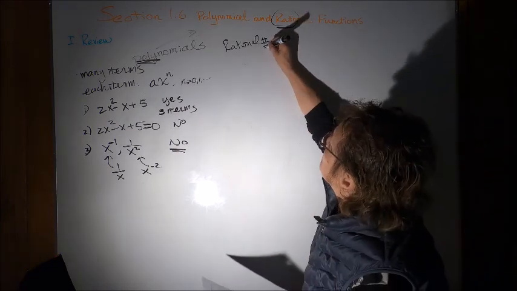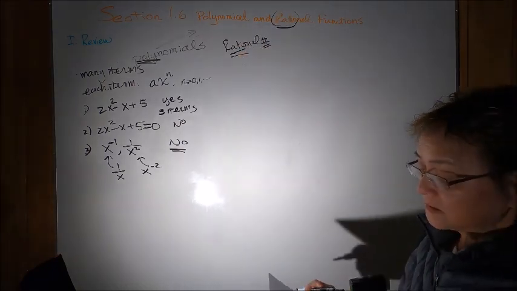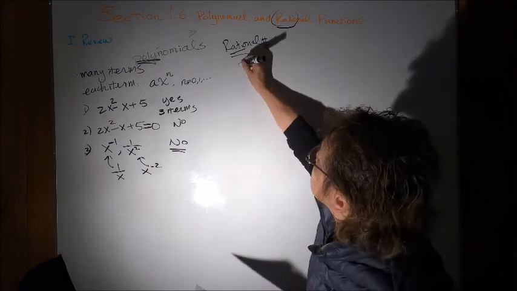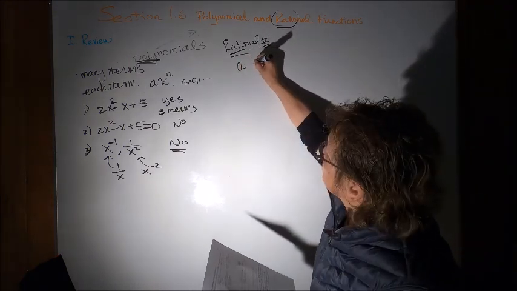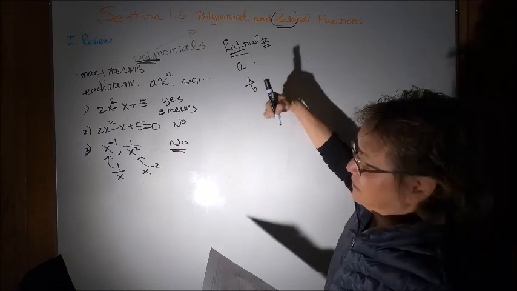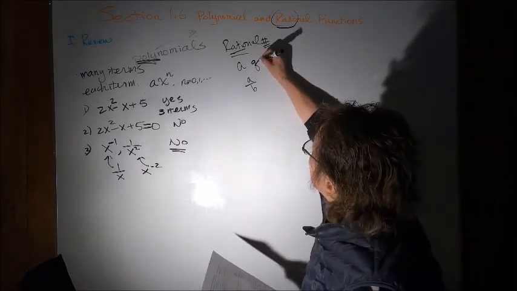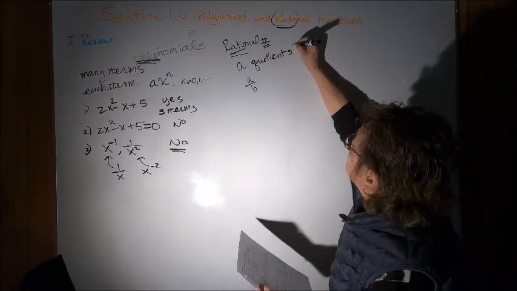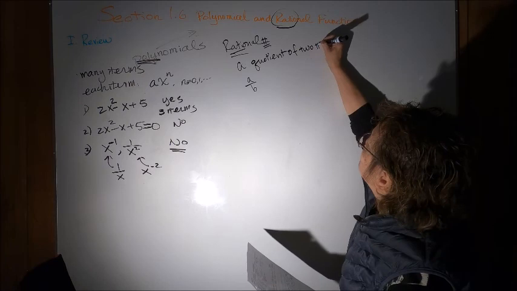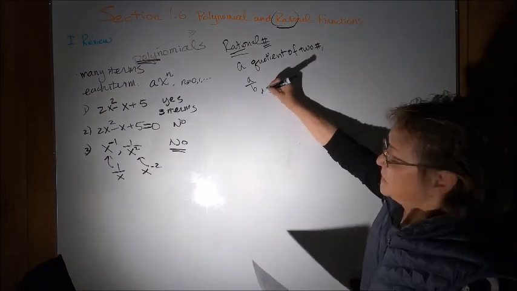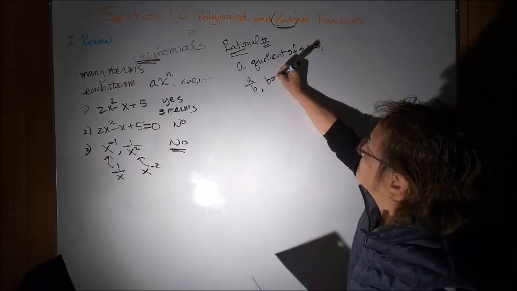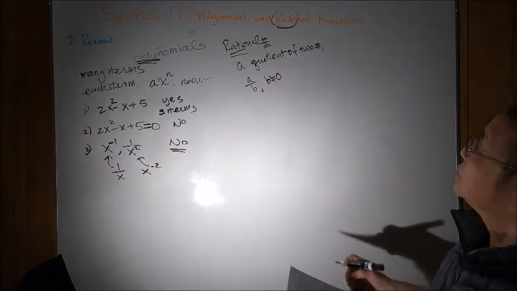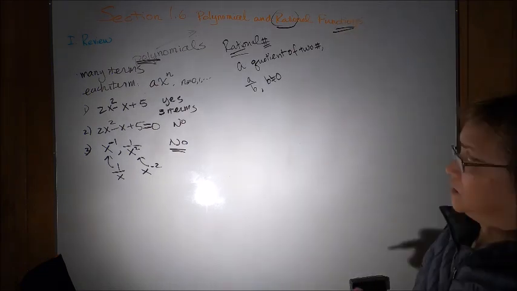It means a number in fraction style, a ratio, like A over B. Formally we use the term quotient, which means a division of 2 numbers, A over B. Of course, the denominator cannot be 0. We are going to talk about rational functions.